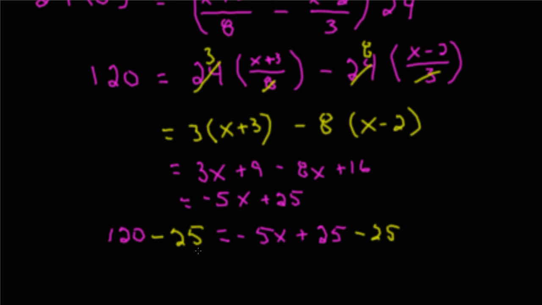So 120 minus 25 gives us 95. Minus 5x plus 25 minus 25, that's 25 minus 25 is 0. So that gives us minus 5x.